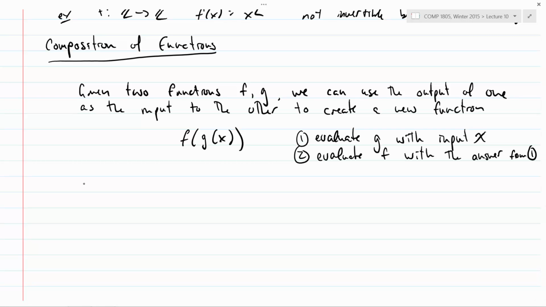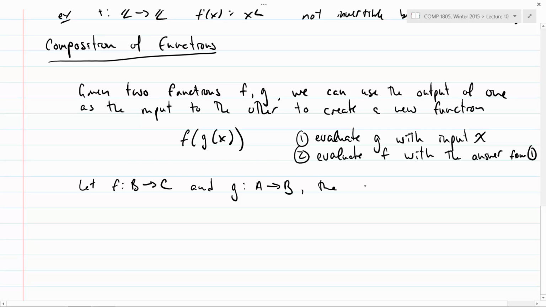All right? So if we say that f goes from B to C, and g goes from A to B, the composition of f and g is denoted f, and then a little circle, and then g.